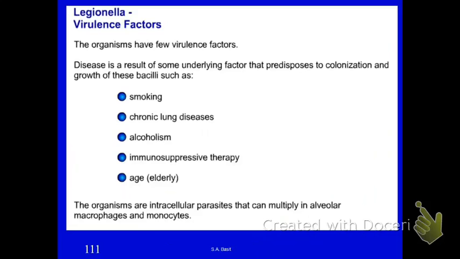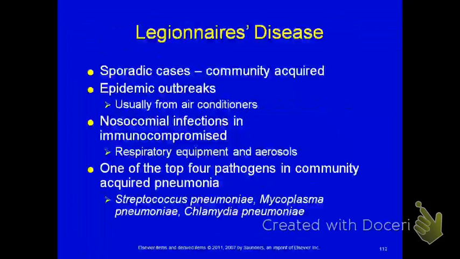Okay, that's not cool. So, Legionnaire's disease is a sporadic case, which means that it's community acquired and there would only be few incidents. Okay, but epidemic outbreaks could occur usually from air conditioners, like what happened in 1976.